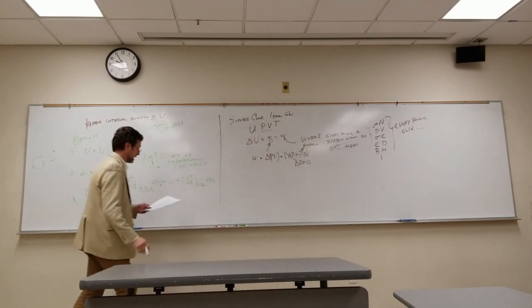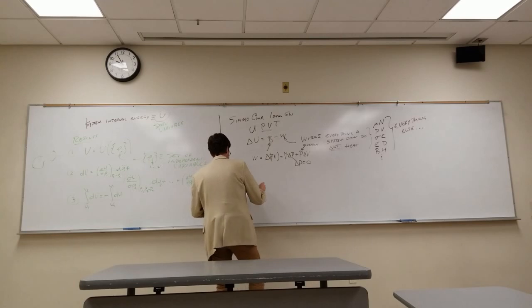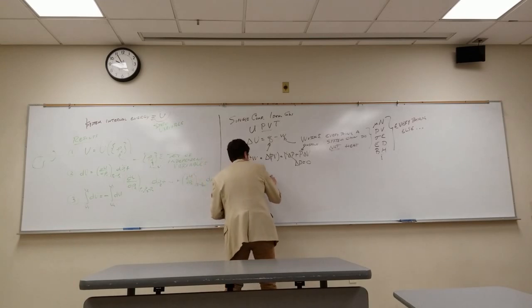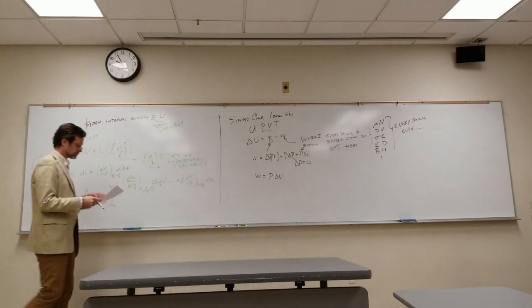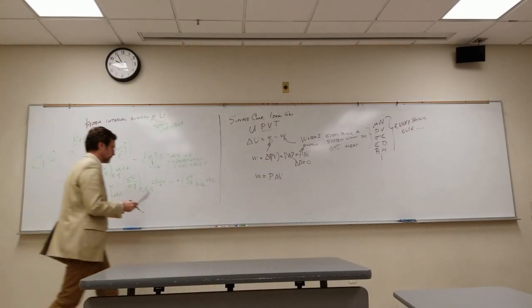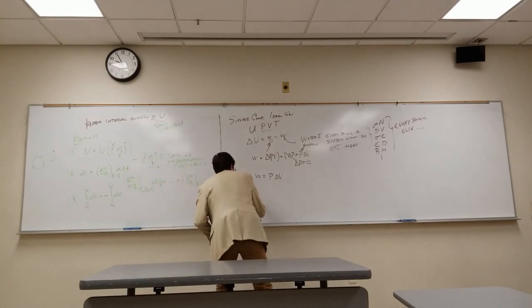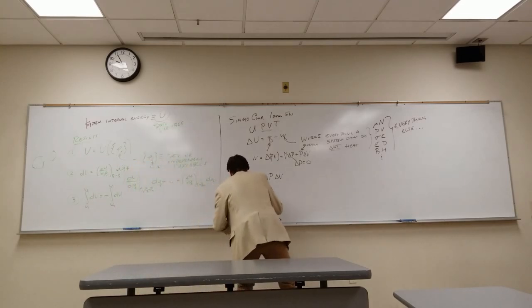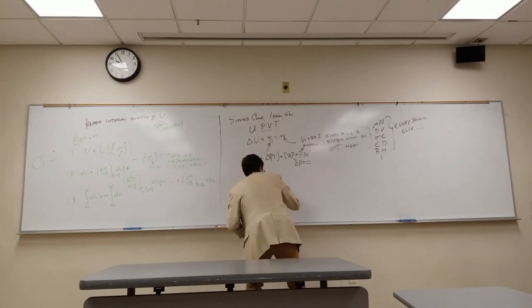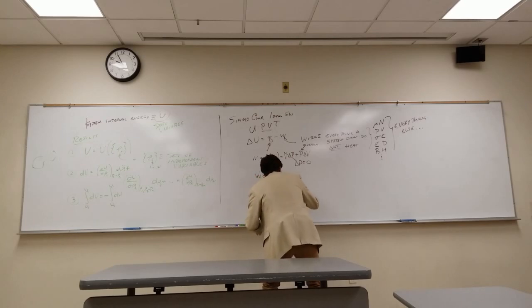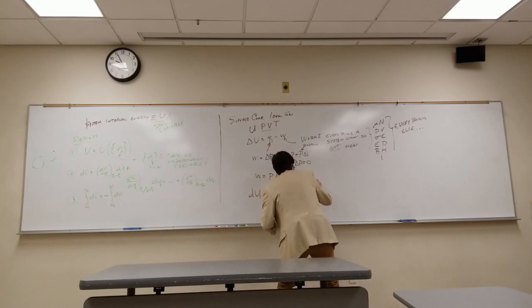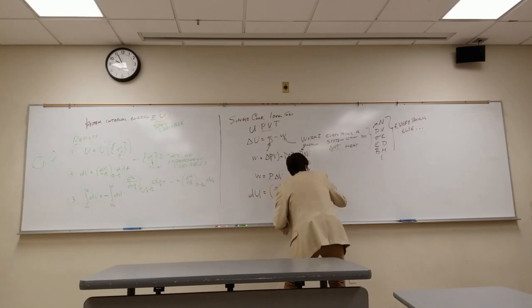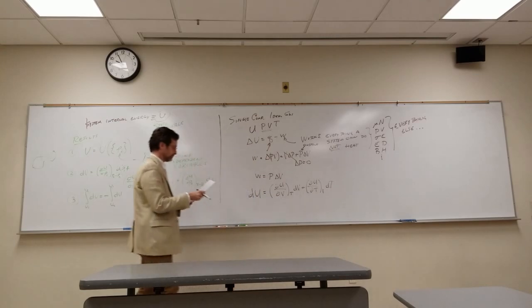That's handy, and we're going to work with that here. The implication now is that W is equal to P delta V. We also have dU is equal to partial of U with respect to volume at constant temperature, dV, plus partial of U with respect to temperature at constant volume, dT.